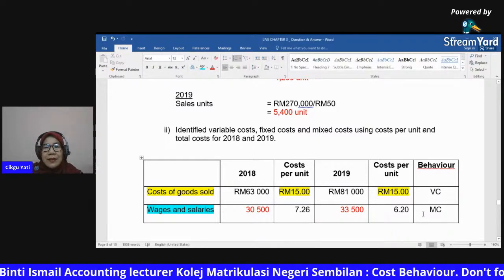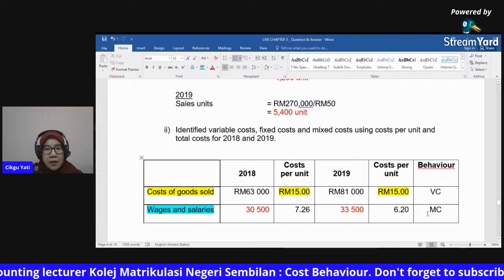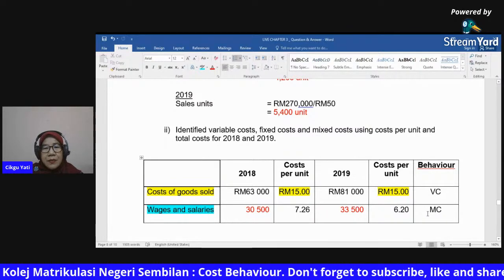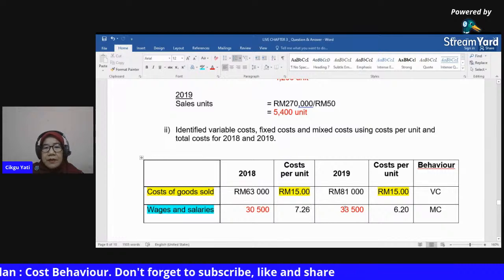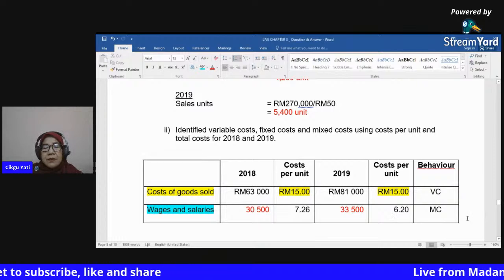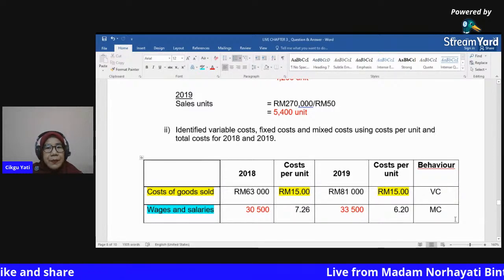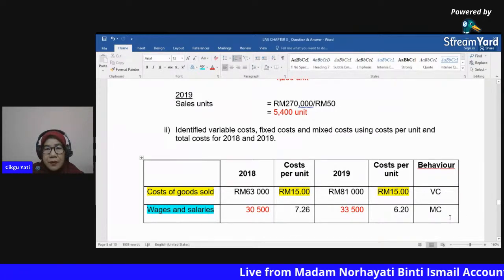So that one is classified as mixed cost. We cannot classify it as variable cost because the cost per unit is not constant but reduced. So it consists of fixed cost and variable cost.